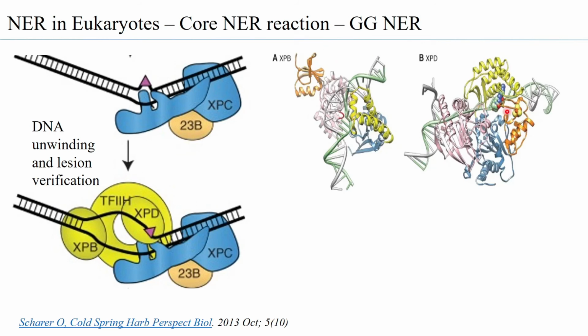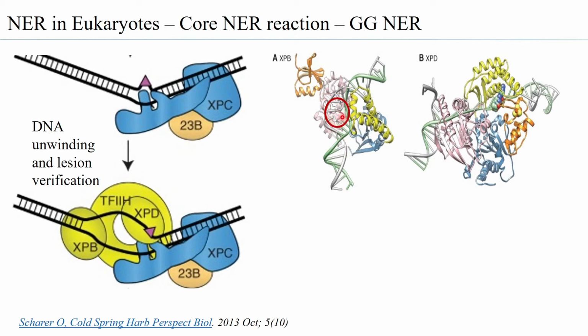So this is XPB and this is the XPD. These are examples of XPB and XPD in the archaeal system. As you can see, within this domain you have a motif, and this motif is able to insert itself into the double-stranded DNA. Very important for the XPB to prise open the DNA at this point.